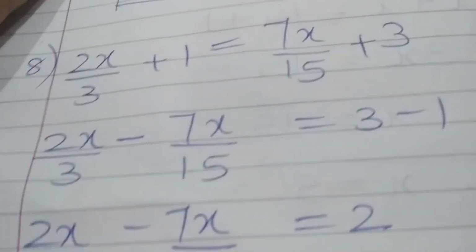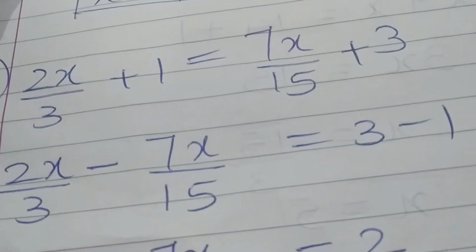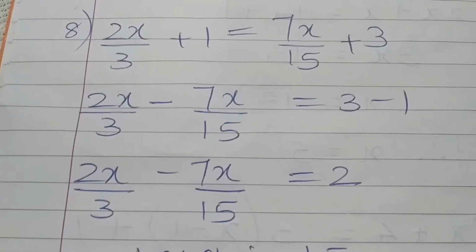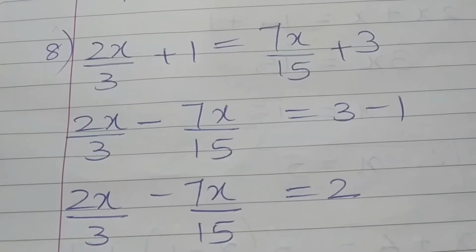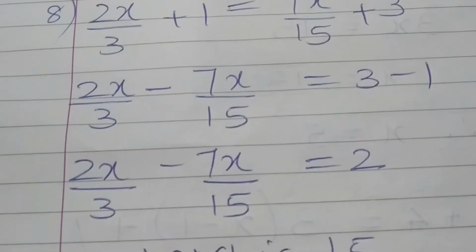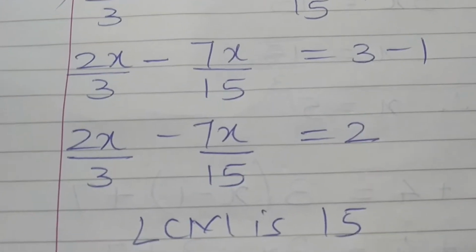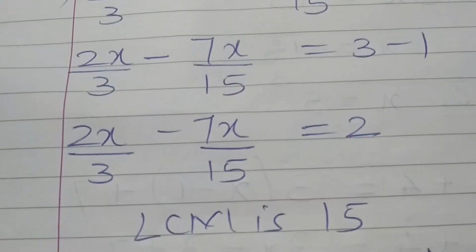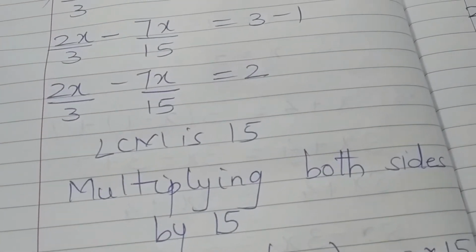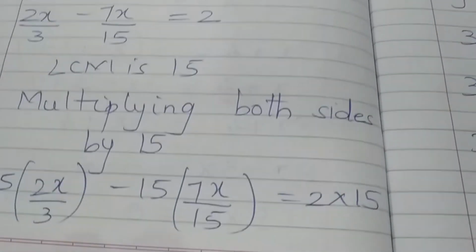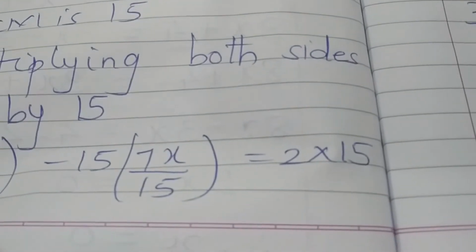Eighth one, 2x upon 3 plus 1 is equal to 7x upon 15 plus 3. 2x upon 3 minus 7x upon 15 is equal to 3 minus 1. 2x upon 3 minus 7x upon 15 is equal to 2. 3 minus 1 is 2. Now the LCM is 15, so we multiply all the terms by 15. 15 bracket 2x upon 3 minus 15 into 7x upon 15 is equal to 2 into 15.